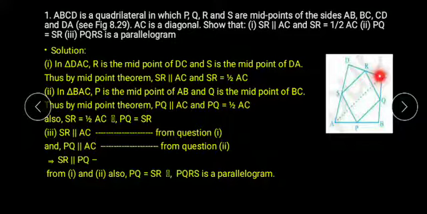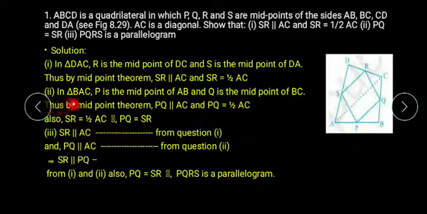Midpoint theorem says that if we join 2 points which are the midpoints of the sides, then that line is always parallel to the base and the measure is half of the base. So by midpoint theorem, SR is parallel to AC and SR equal to half of AC.